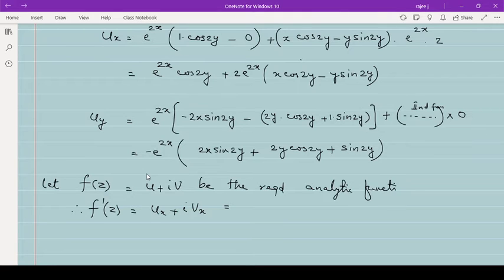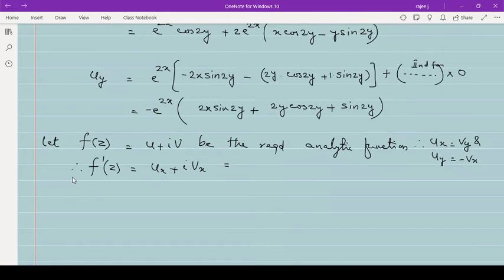Therefore by CR equations, ux equals vy and uy equals minus vx. So ux plus ivx: I will replace this vx because we don't have vx here. We can write this as ux plus i into, instead of vx, minus uy. So this is ux minus i uy.